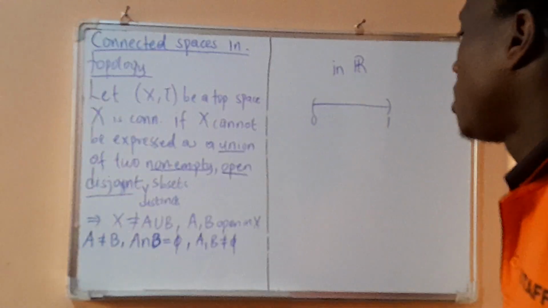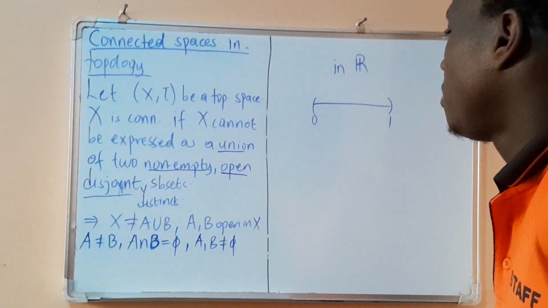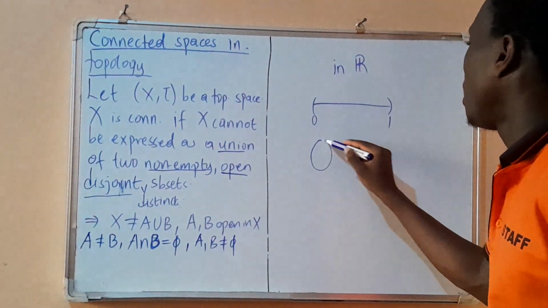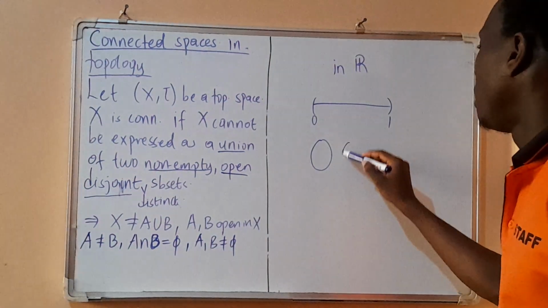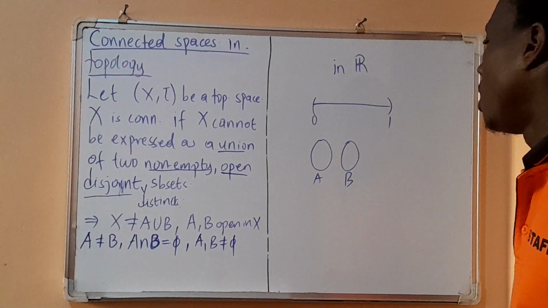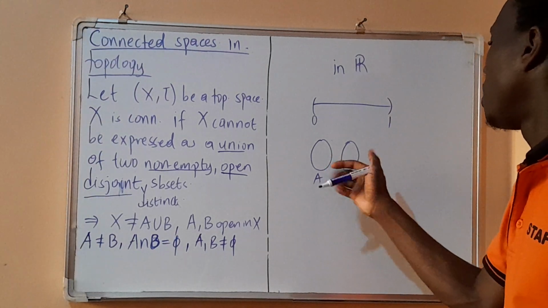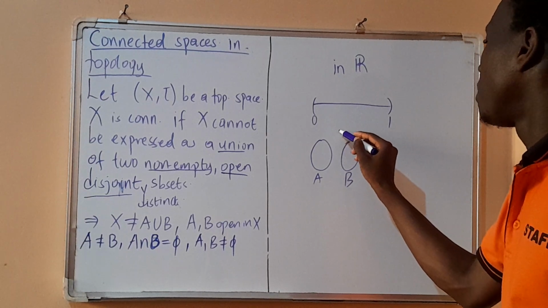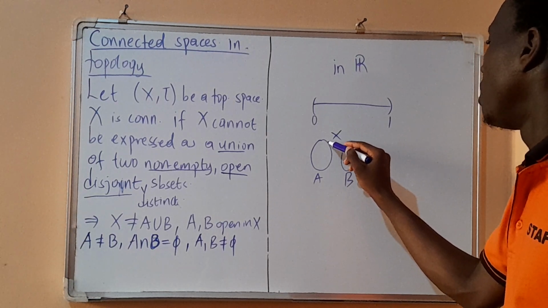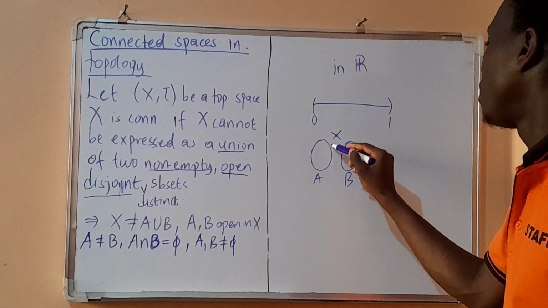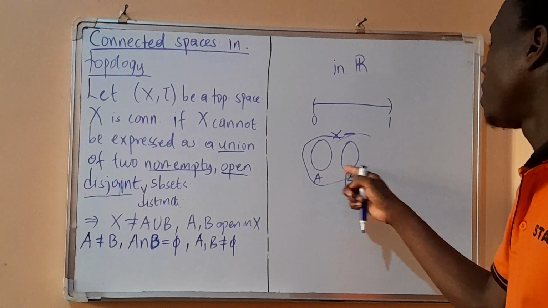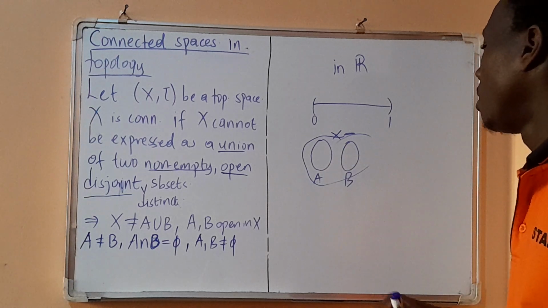So it simply means that we have two sets, A and B. This is my A, this is B. X shouldn't be expressed as a union of these sets.